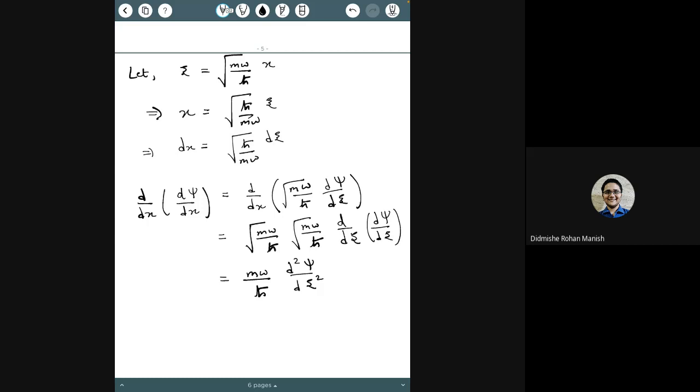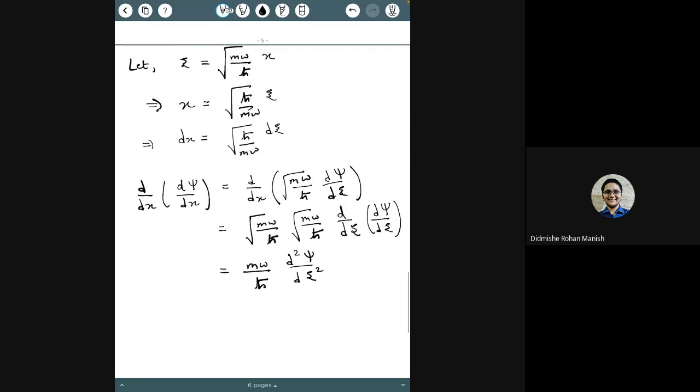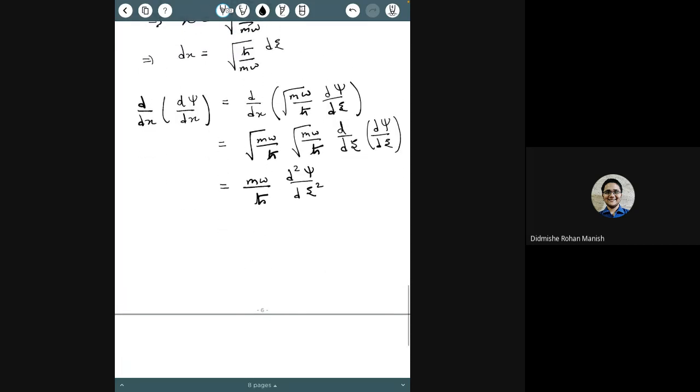Okay, so we got the form of the second differential of psi, and now we can write the equation again.